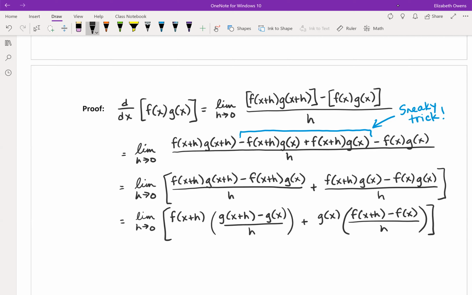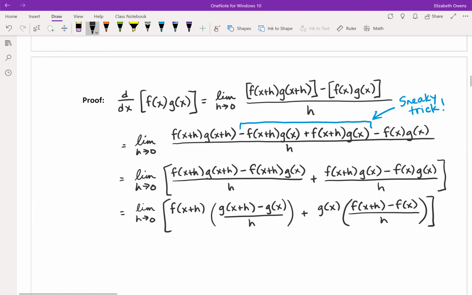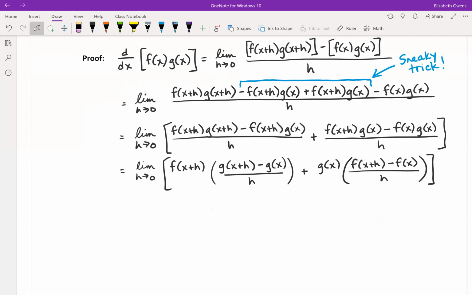So you might be able to see what I'm starting to do here, but we're going to separate this limit of the sum of these two different things into the sum of two different limits. That's a limit law. We've used this relatively recently in a previous proof.